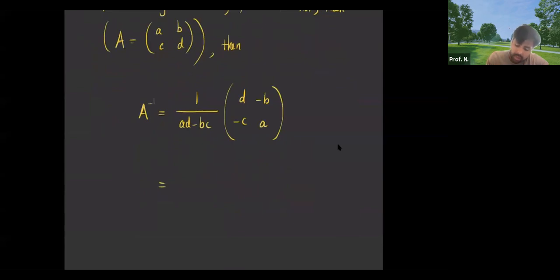Another way people write it is D over AD minus BC, negative B over AD minus BC, negative C over AD minus BC, and then A over AD minus BC.